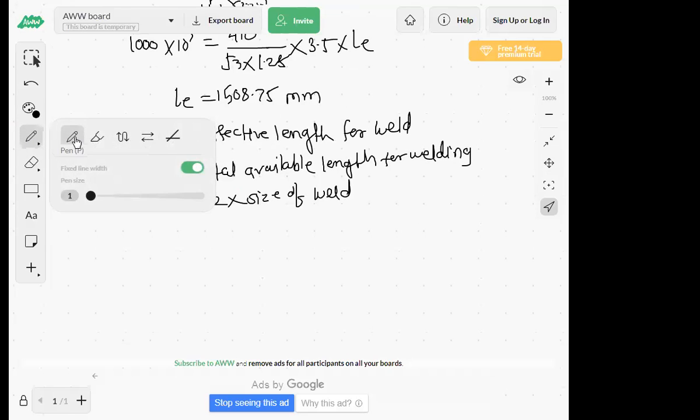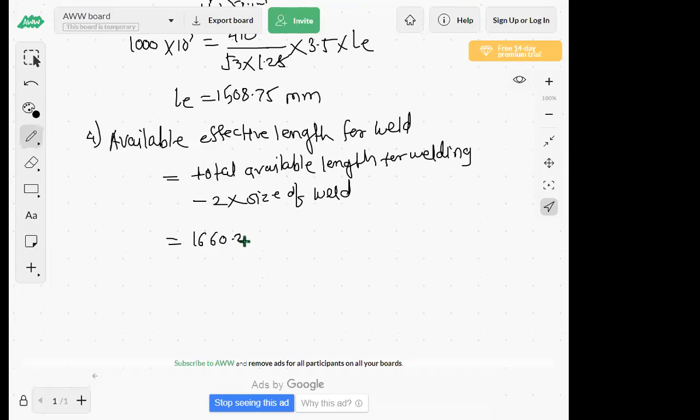So now total available length is what? 1660.2 minus 2 into size of weld. So size of weld is 5. So how much is this? It should be greater than your effective length. This is 1650.2.